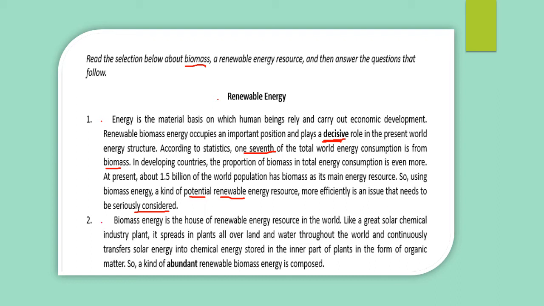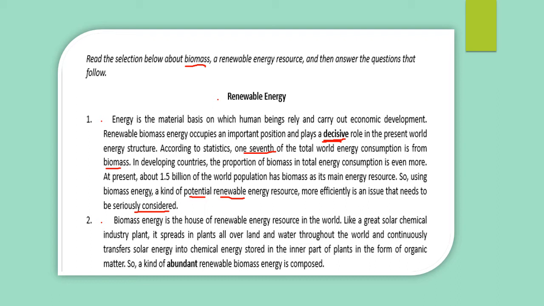Biomass energy is the house of renewable energy resource in the world. Like a great solar chemical industry plant, it spreads in plants all over land and water throughout the world and continuously transfers solar energy into chemical energy stored in the inner part of plants in the form of organic matter.